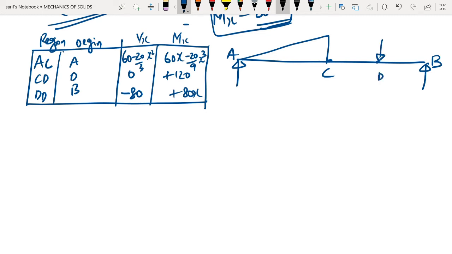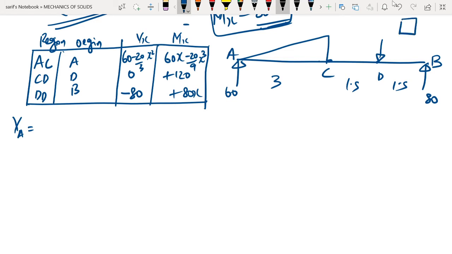So how do we do that? What we have to do now is, let us try to find out the shear force at the point A. The shear force at the point A is obvious, that will be 60.